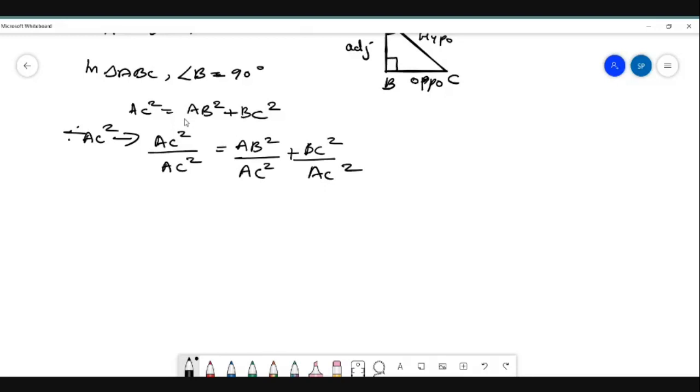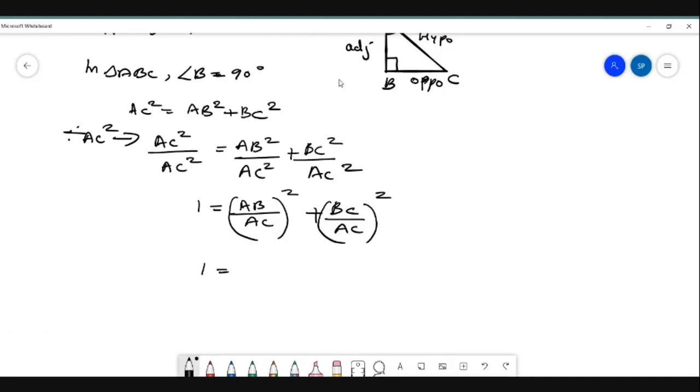Now AC square by AC square is equal to 1. So 1 equal to AB by AC whole square plus BC by AC whole square.